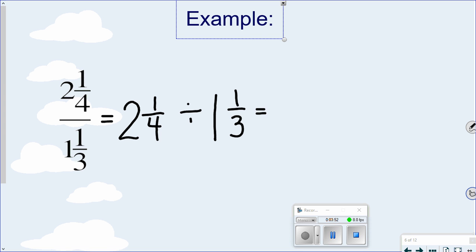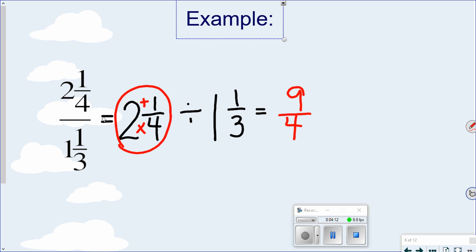What we're going to have you do is take this mixed number and turn it into an improper fraction. 4 times 2 is 8, plus 1 is 9. So that's also known as 9/4.